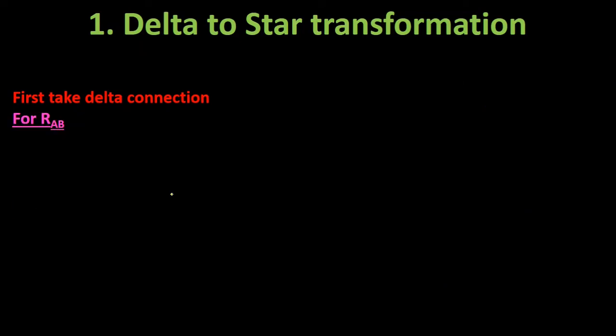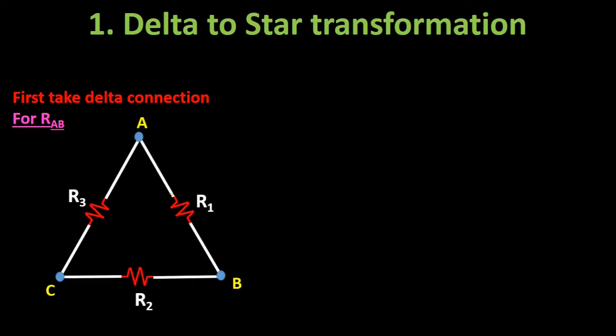Okay. Now first we find out RAB from the delta connection. This is the delta connection. So we have to find out RAB across A and B. So if we see this circuit from this side, we can see that this R1 is parallel with this series combination of R2 and R3. So this circuit will turn like this.